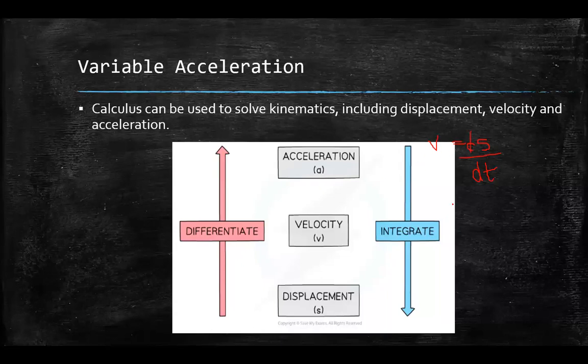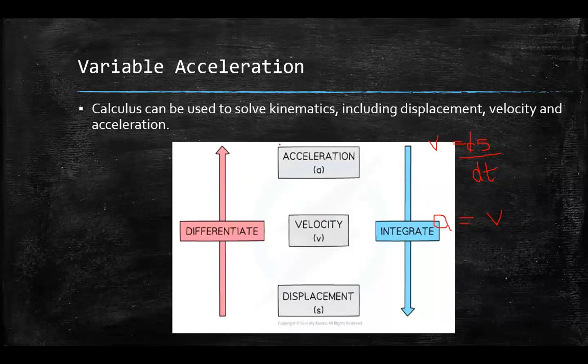which makes sense because going back to our basic definition of velocity, velocity is the rate of change of displacement, right? So ds on dt. Then going from velocity to acceleration, we also differentiate. So we are given velocity and we ask to find acceleration. How are the acceleration and the velocity related?